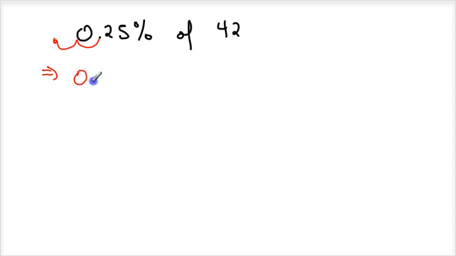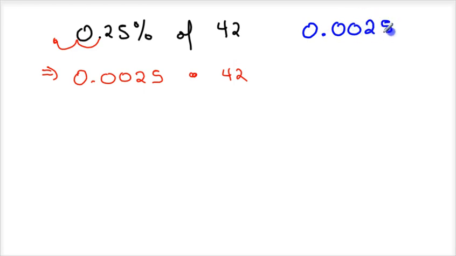So this becomes 0.0025 times 42, and then just multiply these two numbers. Now again, sometimes it's easier to turn the percent into a decimal and then multiply, sometimes it's easier to use fractions. And with practice, you'll be able to decide which one is better.